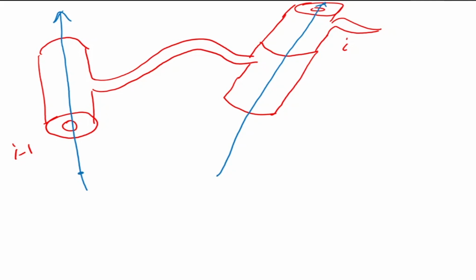Now let us say that I'm taking my z-axis in this direction here. This is my z_i, and this is my z_i-1. Now in the last class we saw that there are 2 parameters which define the relation between the axes of one link. The first is the twist angle alpha.